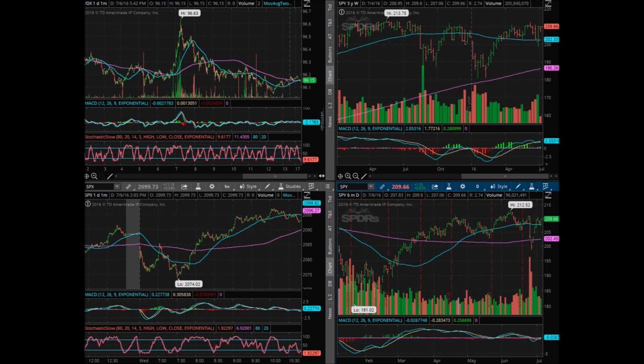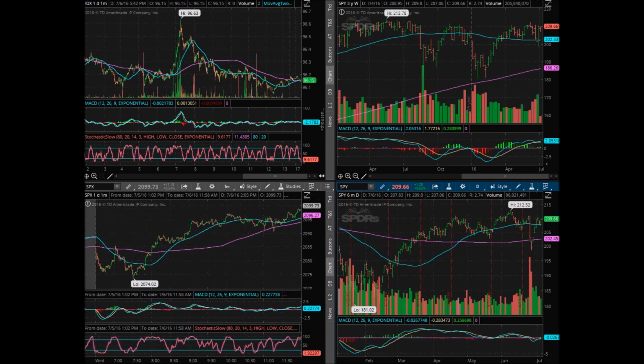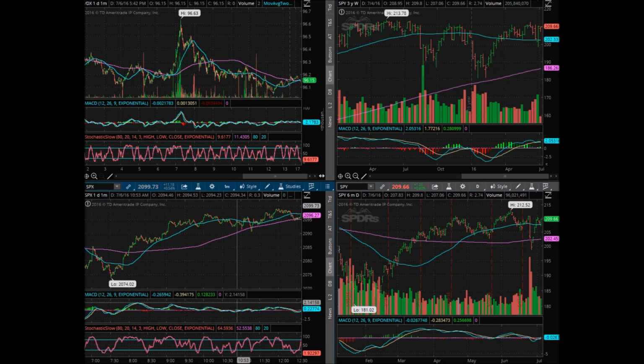So if we fast forward a little bit, you see we saw a definite pullback here from the hours of 1 o'clock Eastern until about 2:15. We saw this move, sort of a retracement downward. So the MACD divergence may have been predicting that.